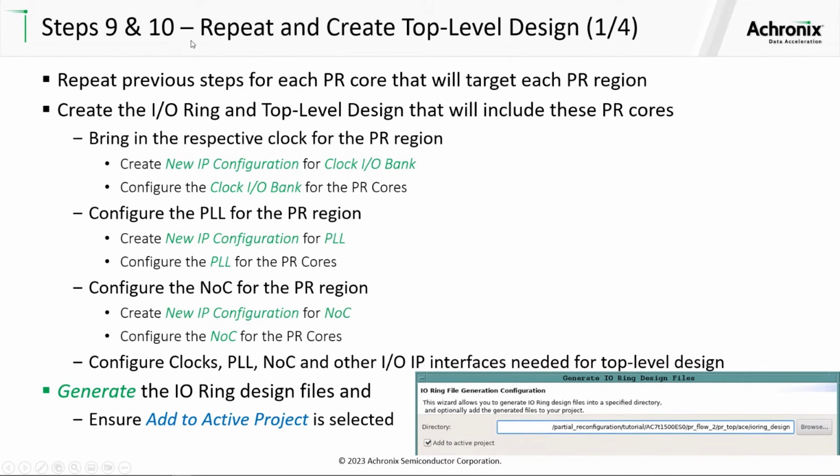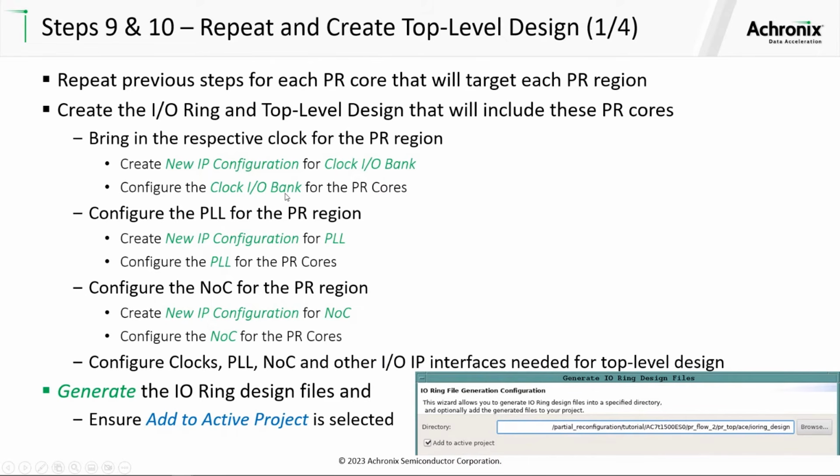The next step, step 10, is we have to create the top level design. That top level design is going to use the PR cores within those PR regions or zones. So the first thing we have to do is bring in the respective clock for the PR region, because we have to clock the logic. So we'll create a new IP configuration for the clock IO bank.